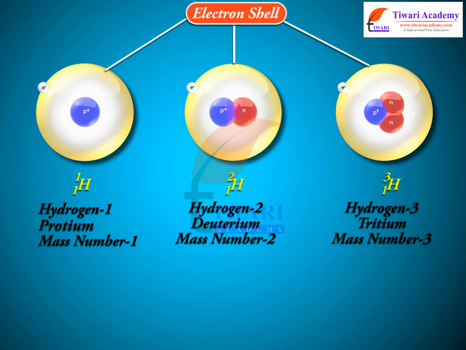The number of neutrons can be calculated as the difference between the atomic mass and atomic number. For the isotopes of hydrogen, they have varying numbers of neutrons. For protium, the number of neutrons is 0. For deuterium, it is 1. And for tritium, it is 2.